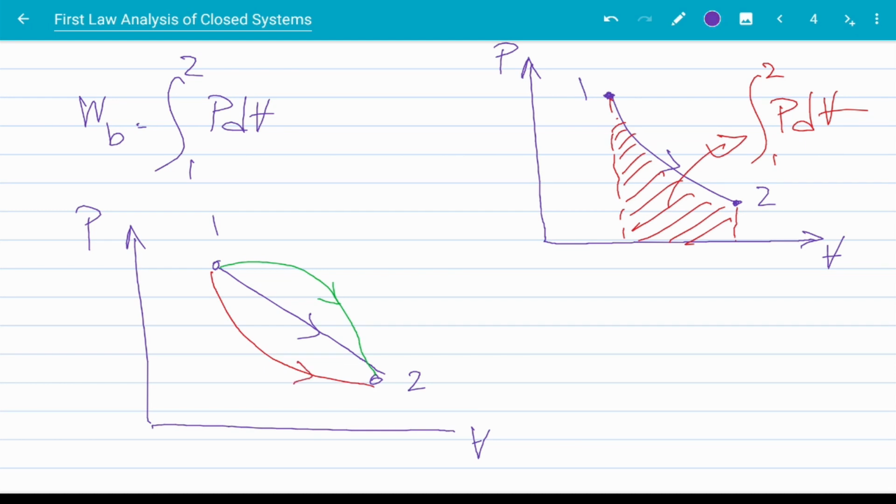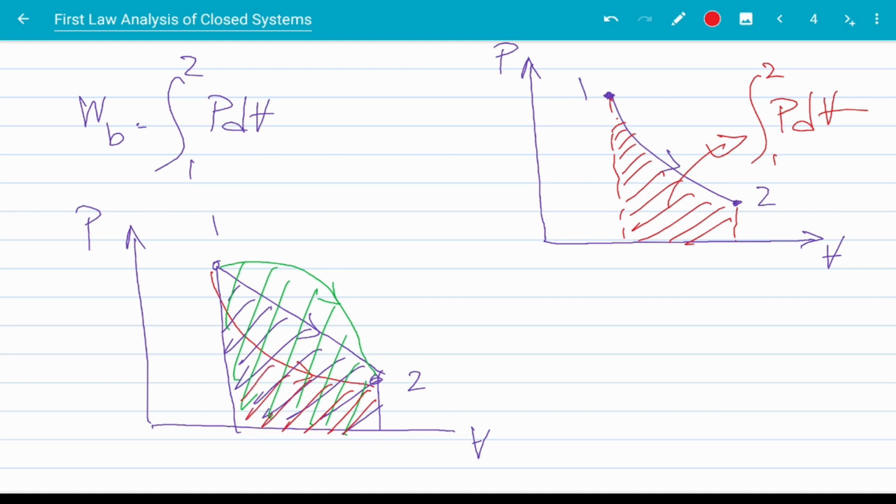So if we are taking the purple process, this will be the boundary work. If we are taking the green process, then this will be the boundary work. And if we are taking the red process, then this will be our boundary work. Now, as you can see, the boundary work of the purple process is not equal to the boundary work of the green process, which is not equal to the boundary work of the red process.